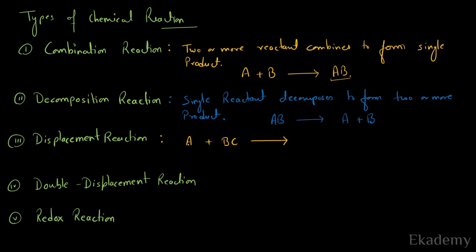If A is more reactive than B, then A will displace B from this compound BC and form its own product AC.